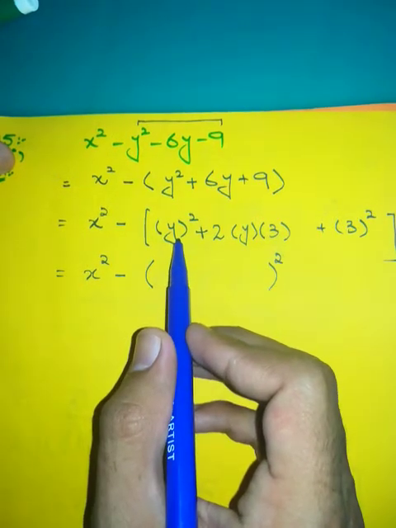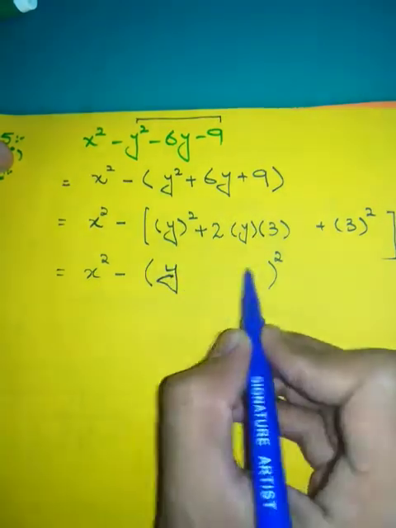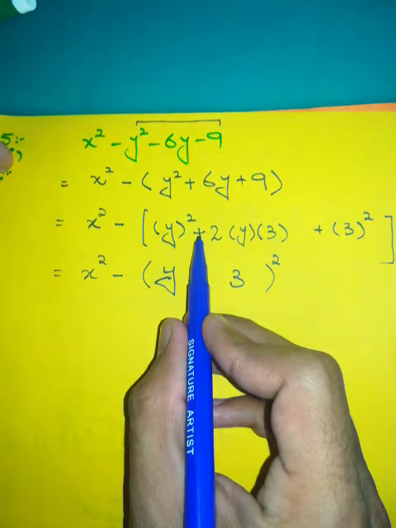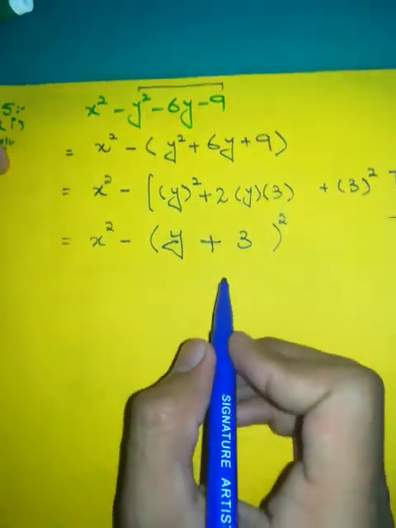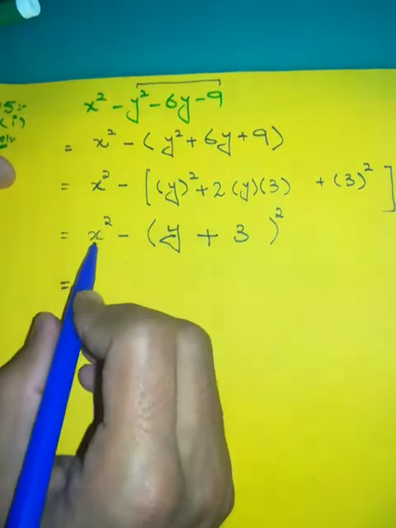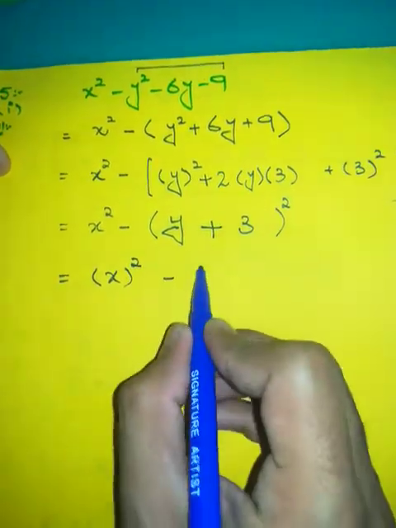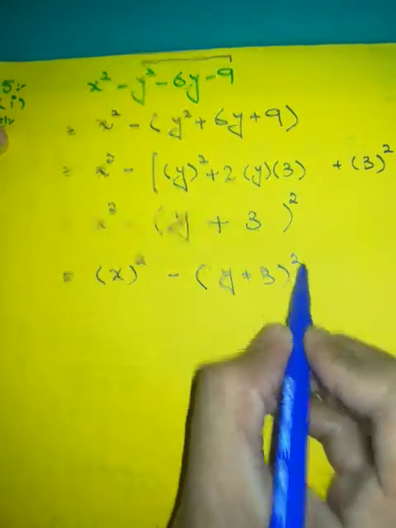Here they are y and 3, so we write y and 3 in the whole square form. The sign with 2ab is positive, so it becomes a positive whole square. The x square term is already in whole square form.